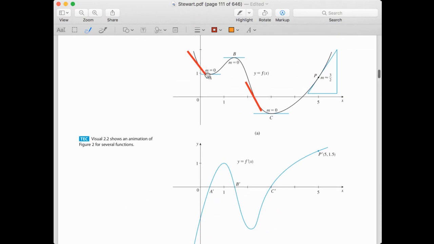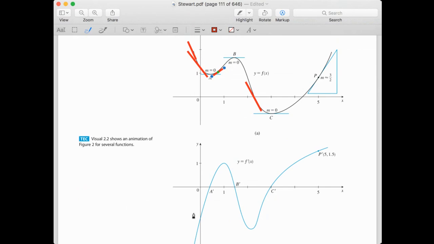So here, the original graph goes this way. And the slope, if we draw another one, you see negative slope, negative slope, negative slope, but the slope becomes bigger and bigger, and then becomes 0, then becomes positive, right?